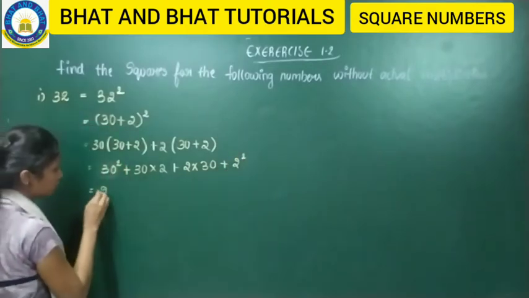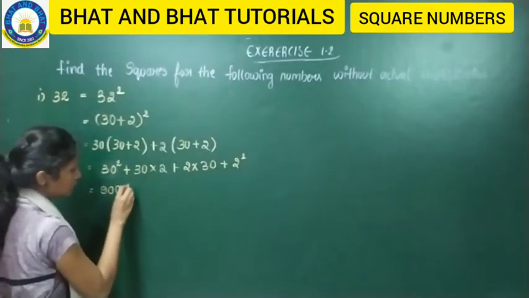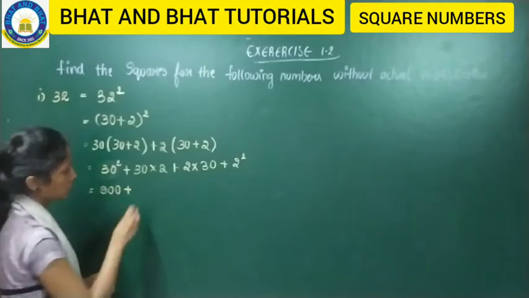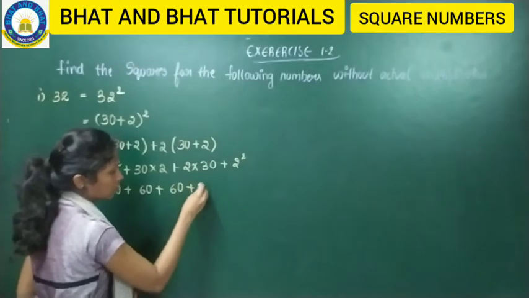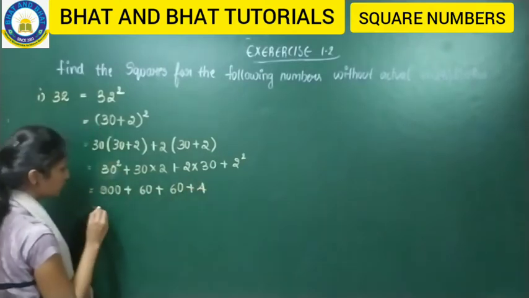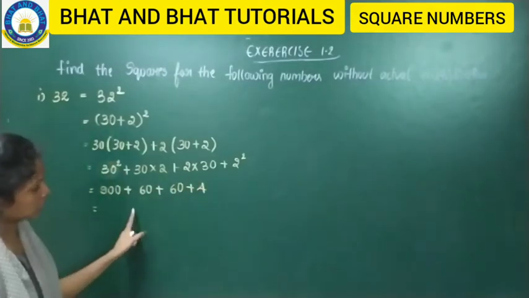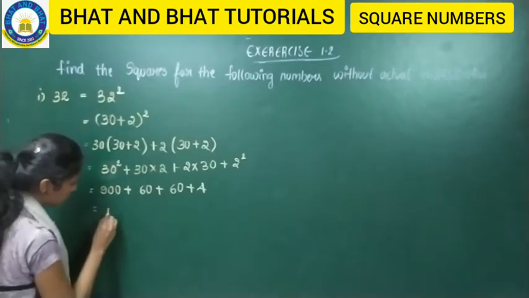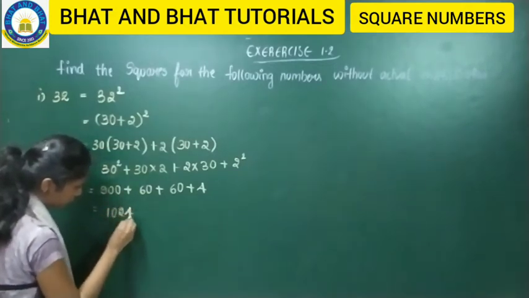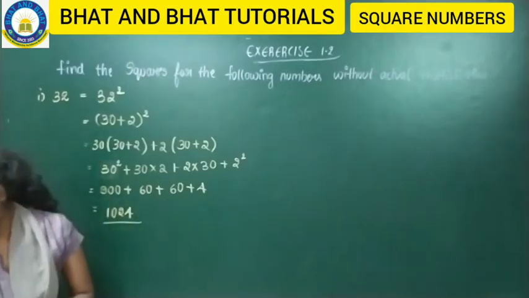So 30 into 30, 900, plus 2 threes are 6, 60, plus 2 twos are 4. So 900 plus 60 plus 60 plus 4 it is 1024. Hope you all know this problem, right?